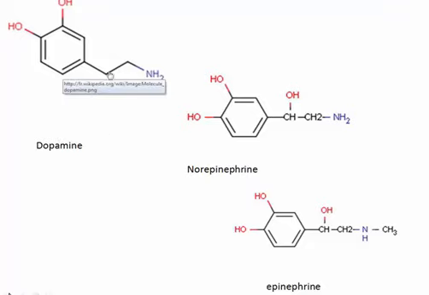So this is dopamine right here, and then we talk about that you just add one more bond right here, an oxygen hydrogen to get the norepinephrine, and then here you've got one more. So if you remember, what are these called? The dopamine, norepinephrine, epinephrine? Do you remember what those are called?